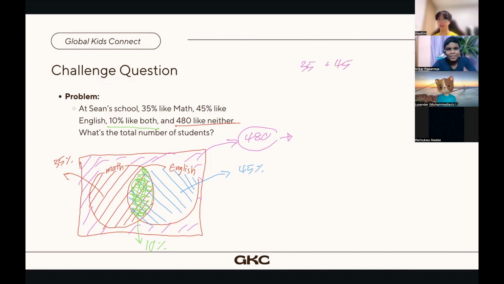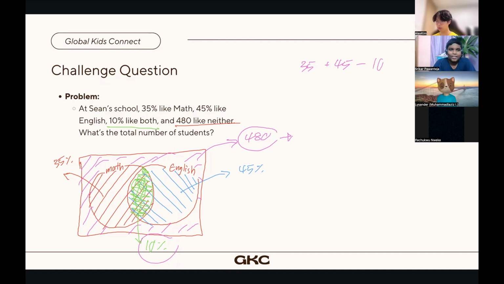But this is incorrect because 35% includes this green area here, while 45% also includes this green area. So when we add 35% and 45% together, we are actually adding the green area twice. And so in order to avoid this, we subtract the green area from this calculation.